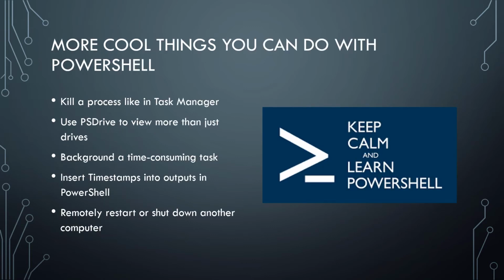Here's just an overview of other cool things that you can be doing with PowerShell. I already talked about you can kill a process, like Task Manager. You can use PSDrive to view what other drives are connected other than just the mapped network drives that are in your system or network. You can background a time-consuming task. So if you're doing something and it's taking too many resources, or you don't want it to be popping up anymore on Windows Start, you can just background it.